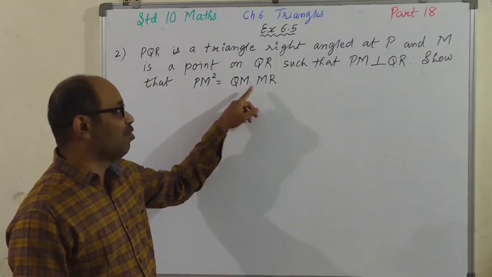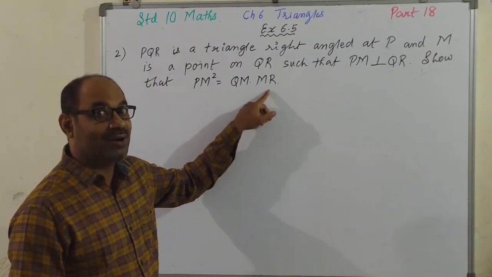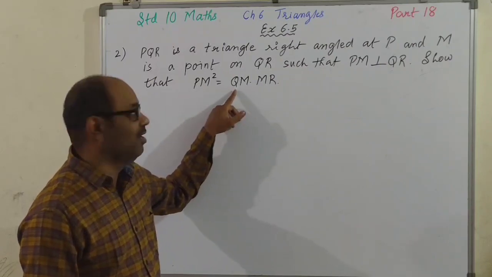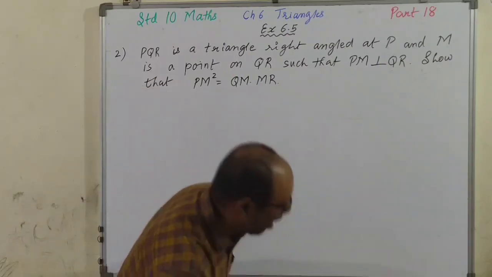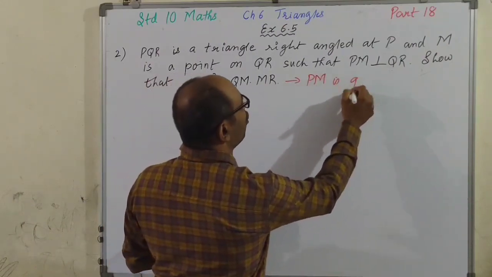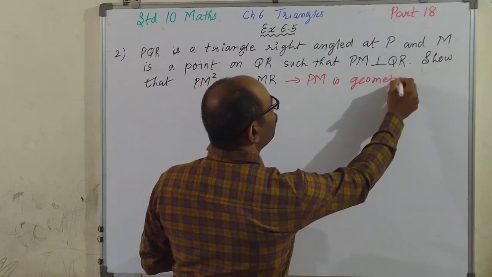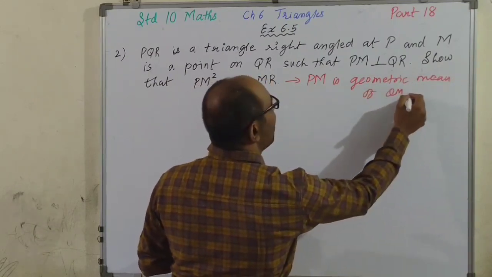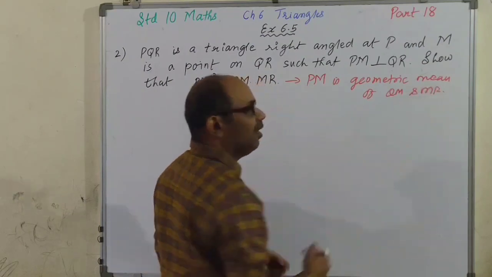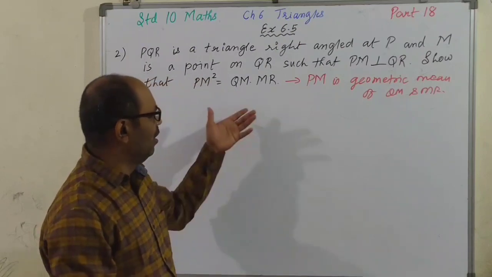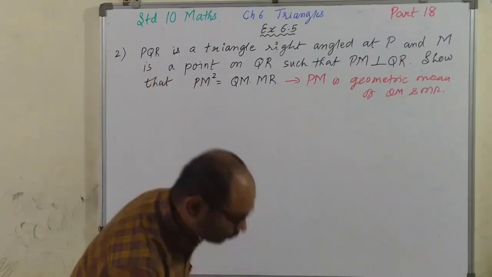PM square is equal to QM into MR. Recall, PM is the geometric mean of QM and MR. This will be easy. We can go through it very quickly.